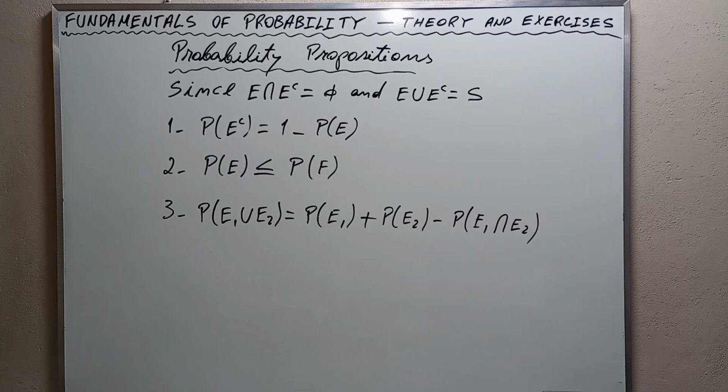Proposition 1 states that the probability of an event not occurring is 1 minus the probability of it occurring.